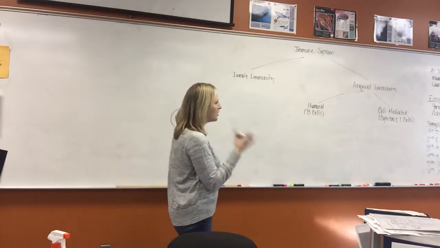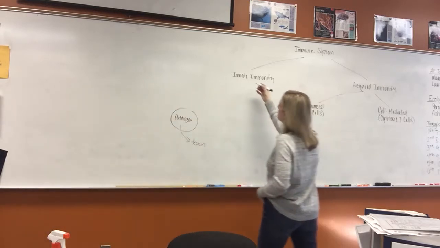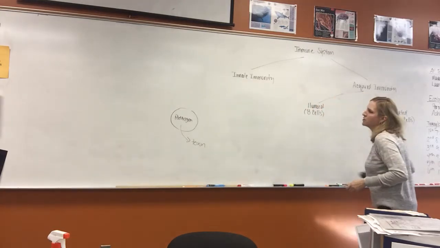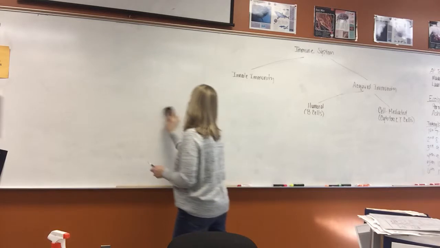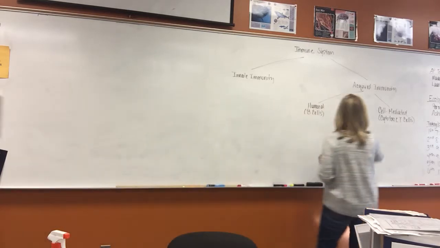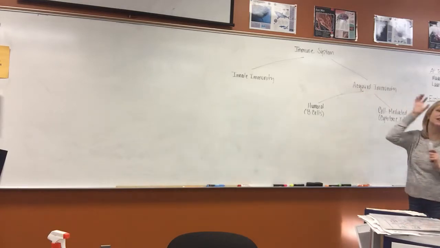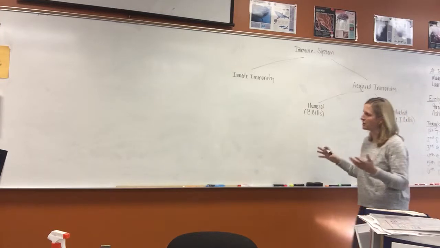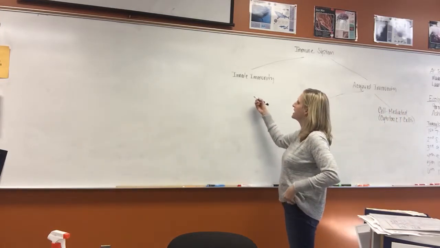All right. So let's look at innate immunity. We talked about that it's born. You're born with it, and it's more of a general way to fight pathogens. It's not very specific. Acquired immunity is very specific against specific bacteria or strain or species of bacteria.